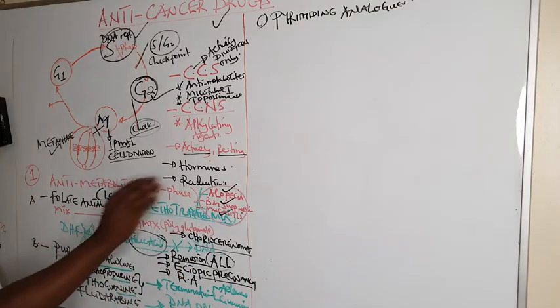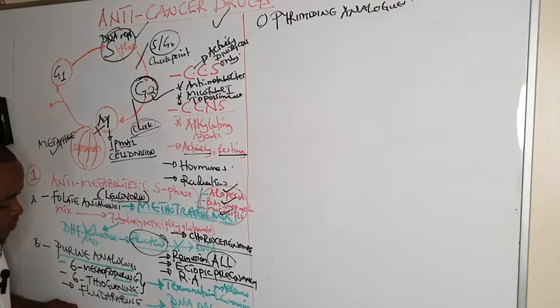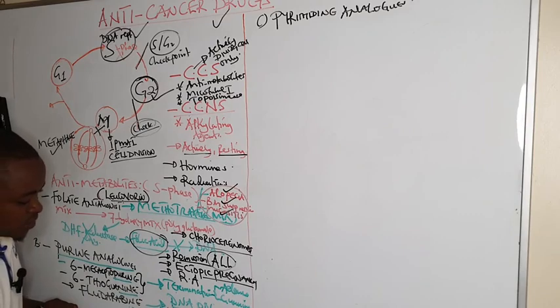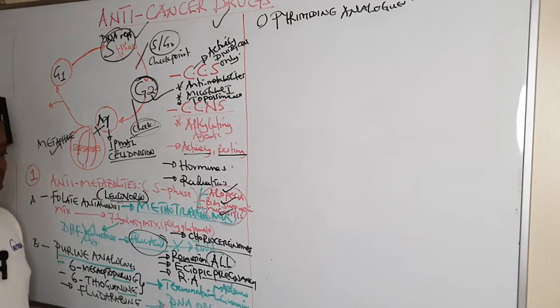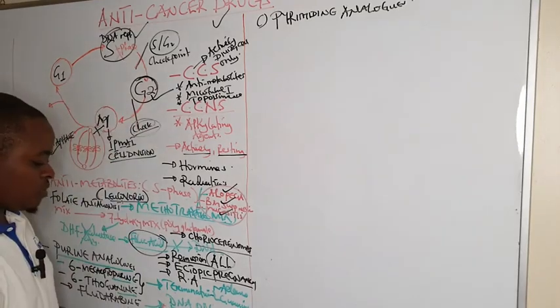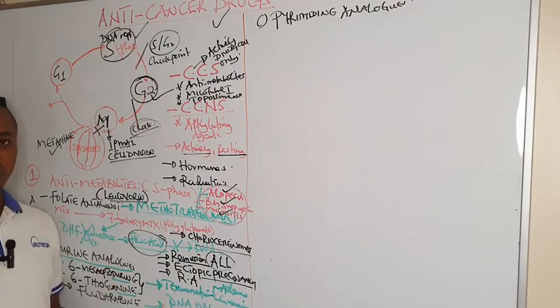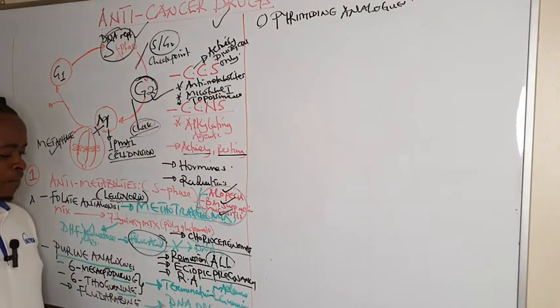And when these occur with these drugs, that is purine analogs, you can give an antidote known as allopurinol. Allopurinol mouthwash is an antidote we can utilize to reverse the side effects of 6-mercaptopurine and 6-thioguanine. You can use allopurinol mouthwash, which is able to counteract these effects of these drugs.